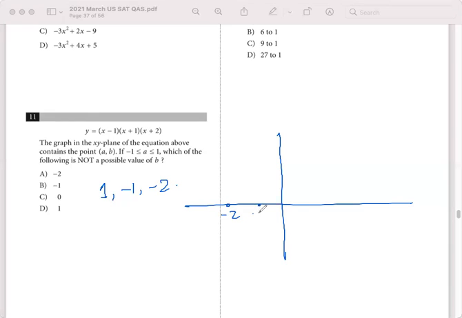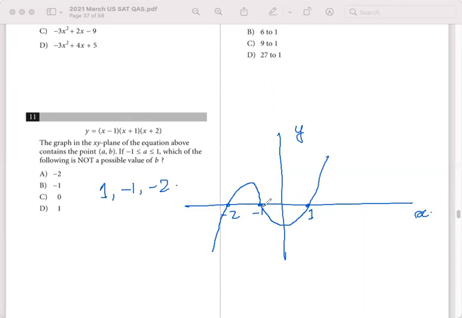So -2, -1, and 1. So let's say my graph for y looks like this. Now, the graph contains the point A, comma B, right? And A is between -1 and 1.